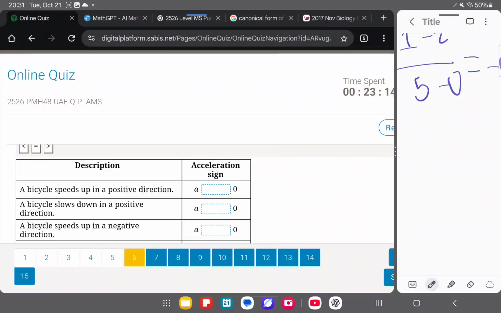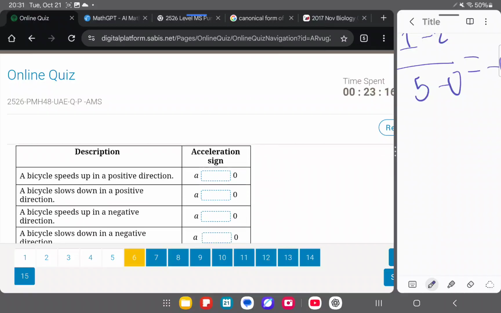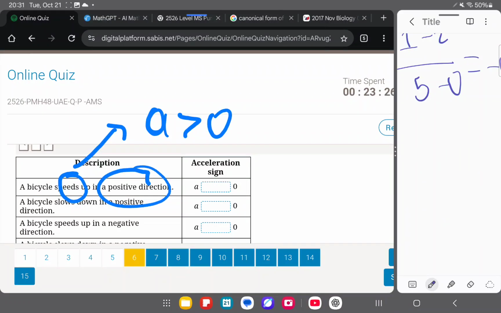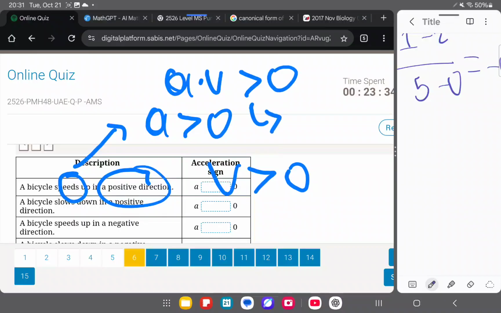Okay, now we won't be needing the board here for much, so this one should be easy enough. When it speeds up in the positive direction, when they say speeds up, that means acceleration is greater than 0. And when it says in the positive direction, v is greater than 0.